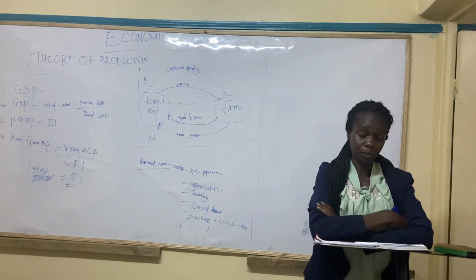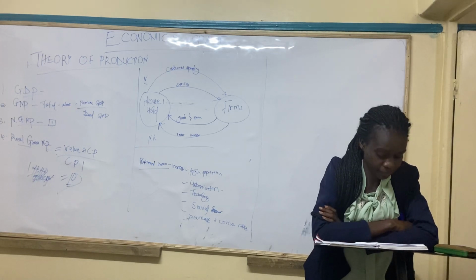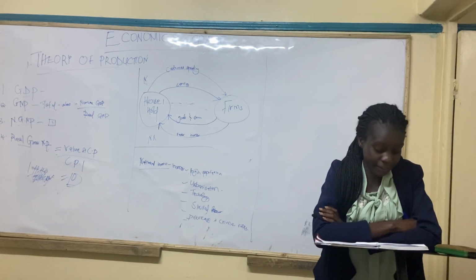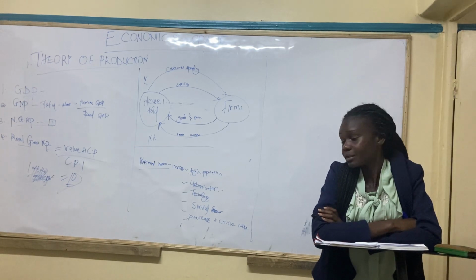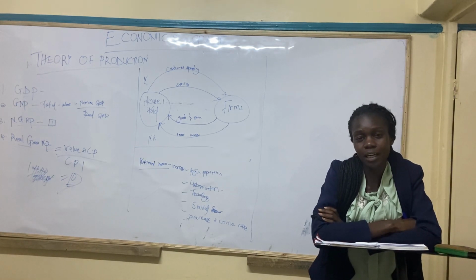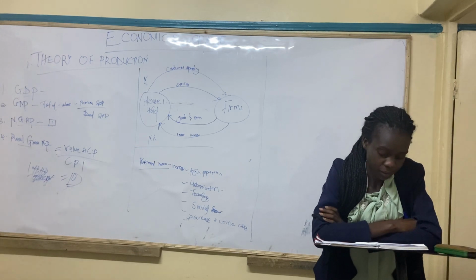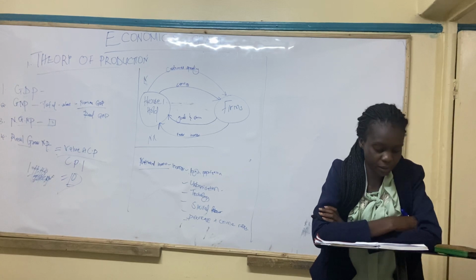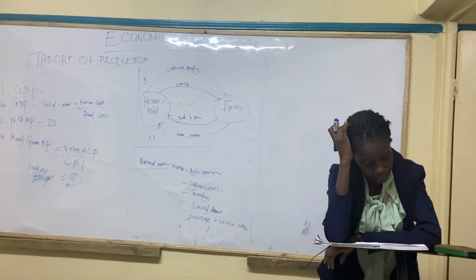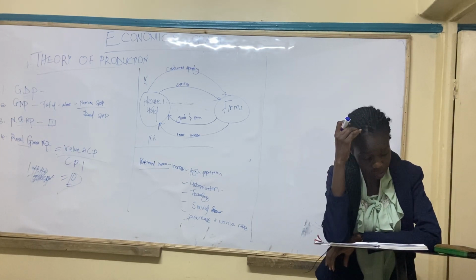Inaccurate estimation of population, that is one. The second one is specific items are hard to estimate, including machinery, land. Those are hard to estimate. The third one is different types of production.